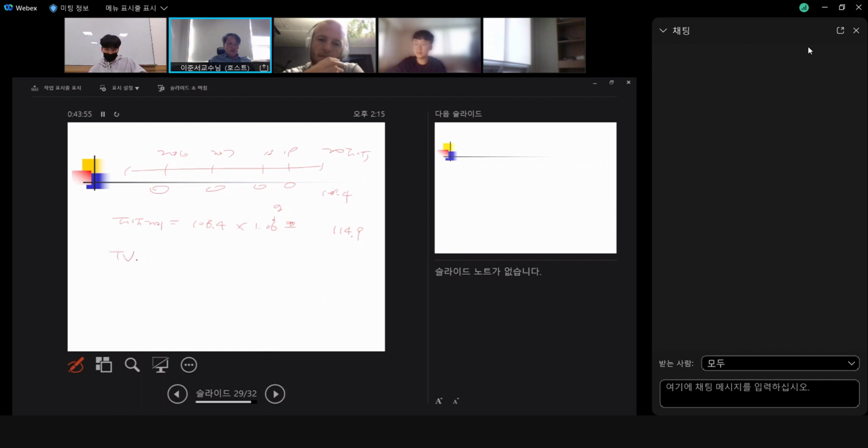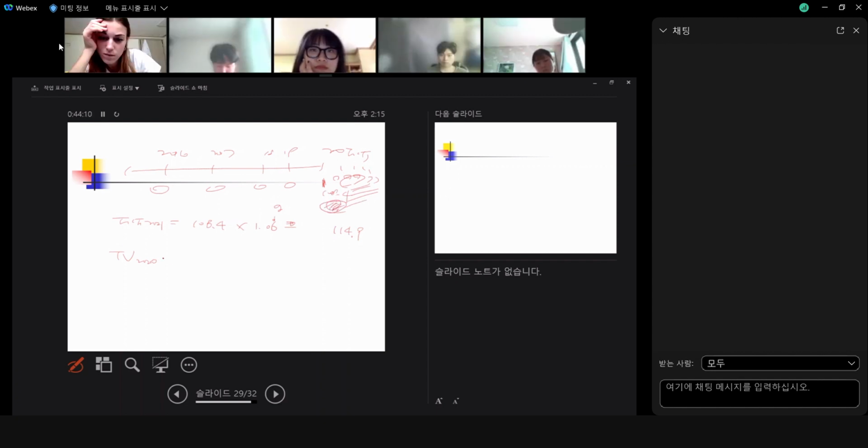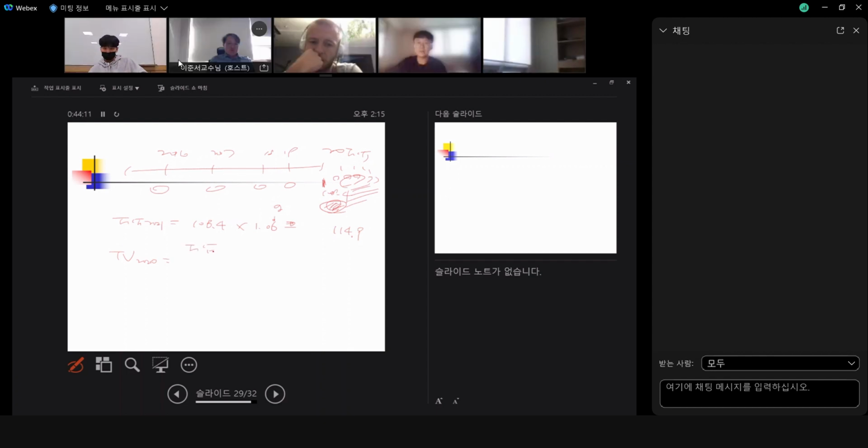So terminal value of 2020 means 2021, 2022, 2023, 2024, all kinds of value, the sum of all values as of 2020, right? This is the free cash flow 2021 divided by WACC minus g. So FCF 2021 is 114.9, and the WACC is what percent?